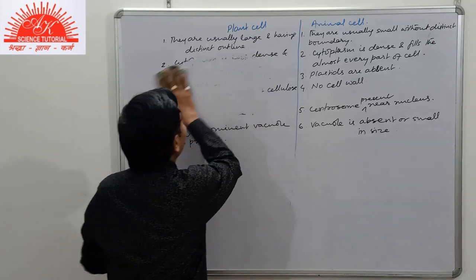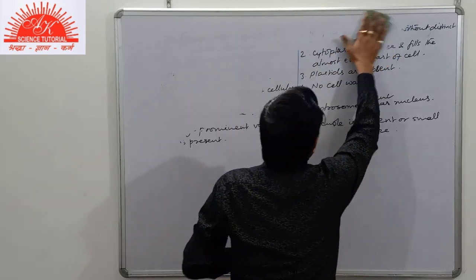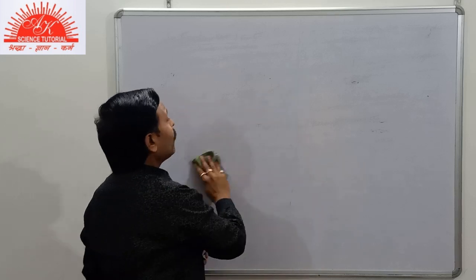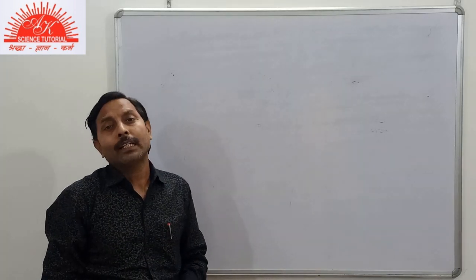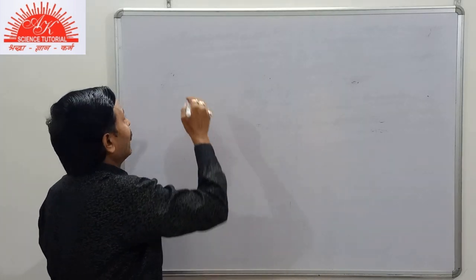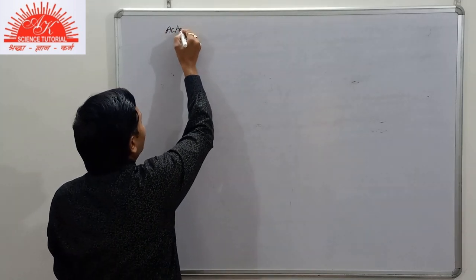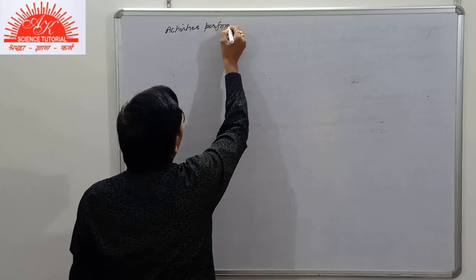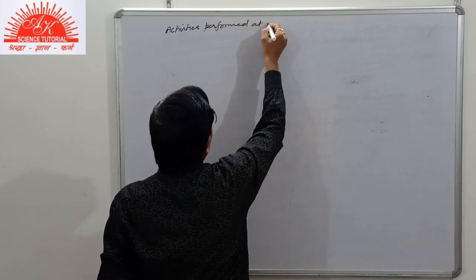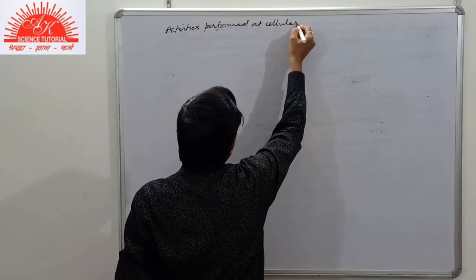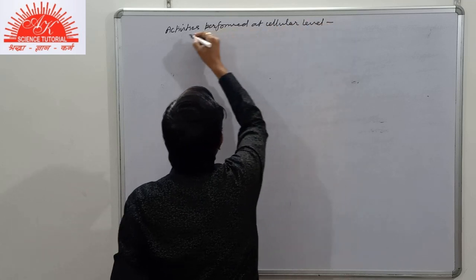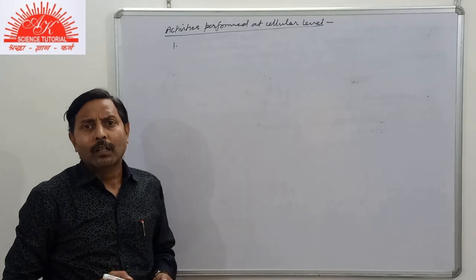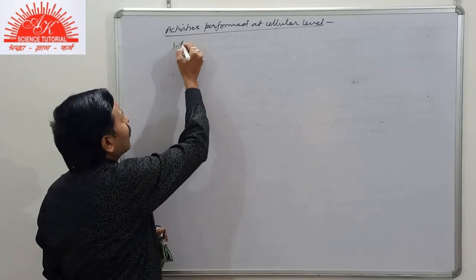Now, students, we are going to discuss some of the activities performed at cellular level. There are many points related to it. First of all, growth.